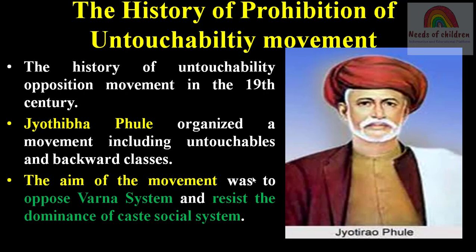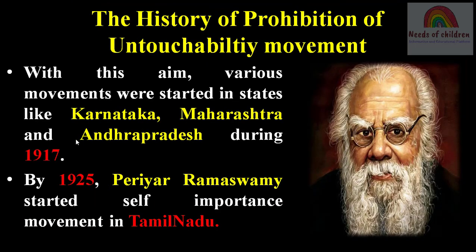The aim of the movement was to oppose the Varna system and resist dominance of the caste and social system. With this aim, various movements were started in states like Karnataka, Maharashtra and Andhra Pradesh during the 1970s. By 1925, Periyar Ramaswamy started the self-respect movement in Tamil Nadu.